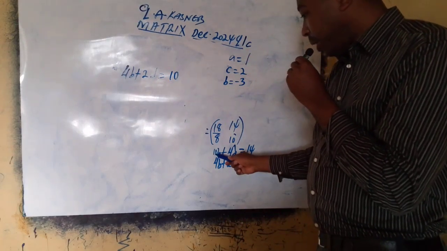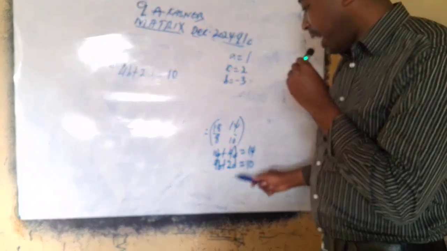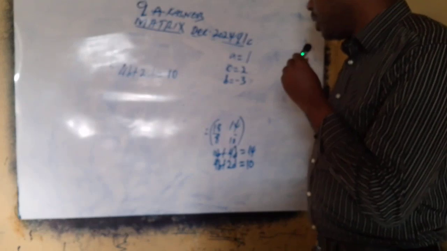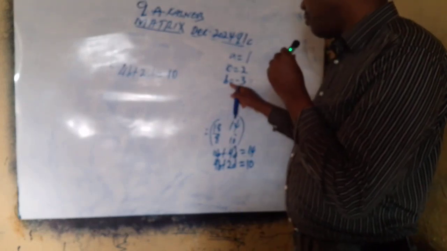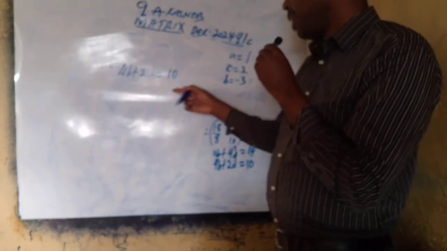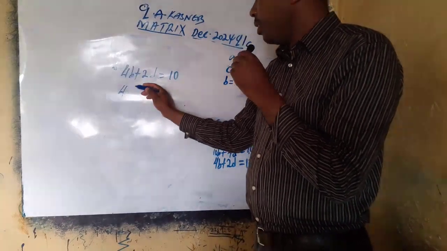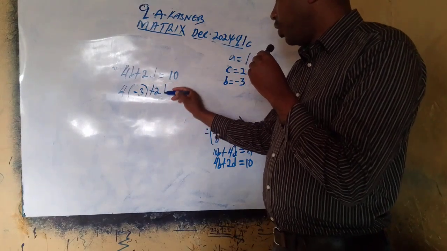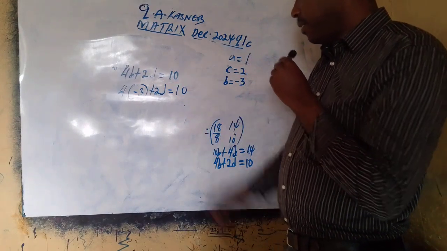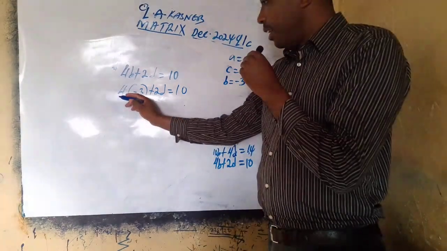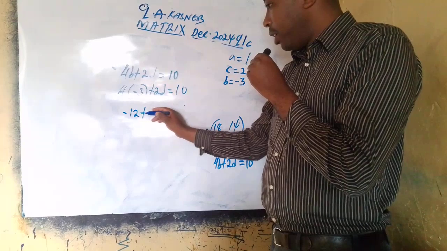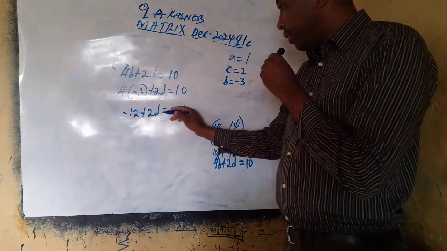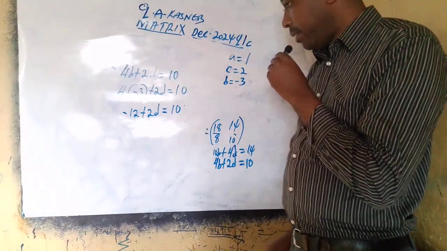Even if you use 10b plus 4d is equals to 14, answer will be the same. Now, since we have the value of b, we can substitute now. Wherever we have b, we put negative 3. So this is negative 12 plus 2d is equal to 10.